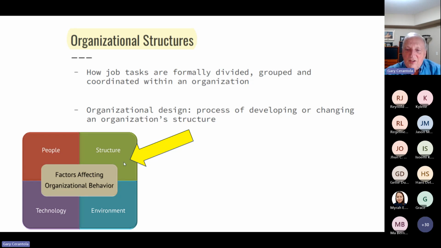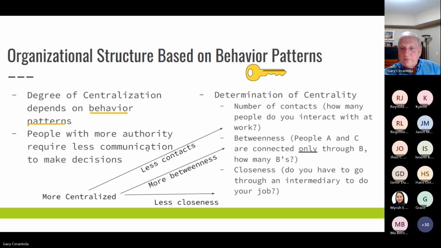But the structure piece is all about factors affecting organizational behavior. It's really, in terms of workflow and employees, getting them to do what they need to do in an optimized way, in terms of better performance, being efficient, being effective. So that's what organizational structures do for you.